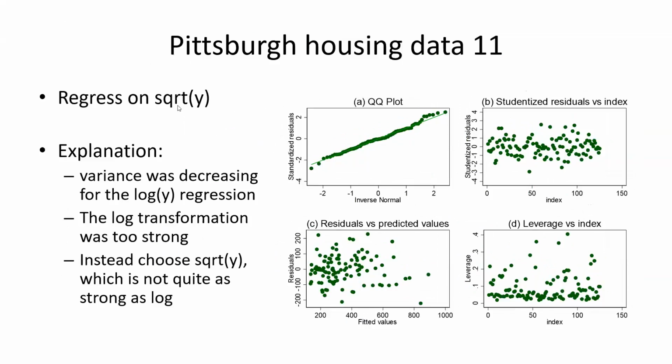That's really the only one we have talked about. In between not transforming, y to the power of 1, and log transforming, there is square root, y to the power of 1/2. We could of course use a different power transformation with a different exponent than 1/2, but let's not go there. And here we see that this nicely stabilizes the variance.